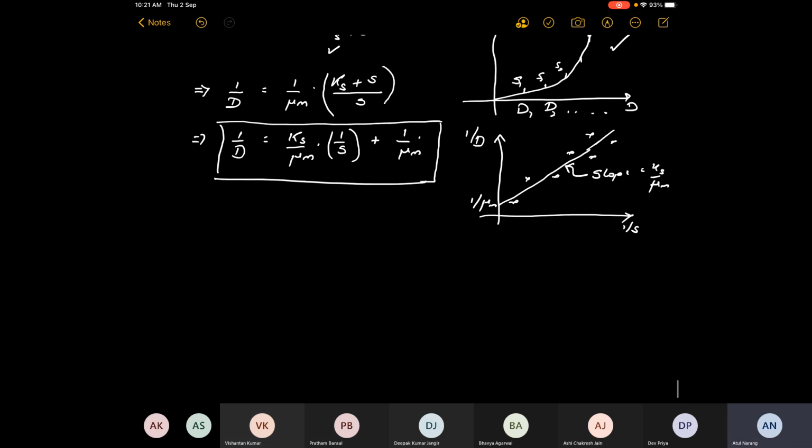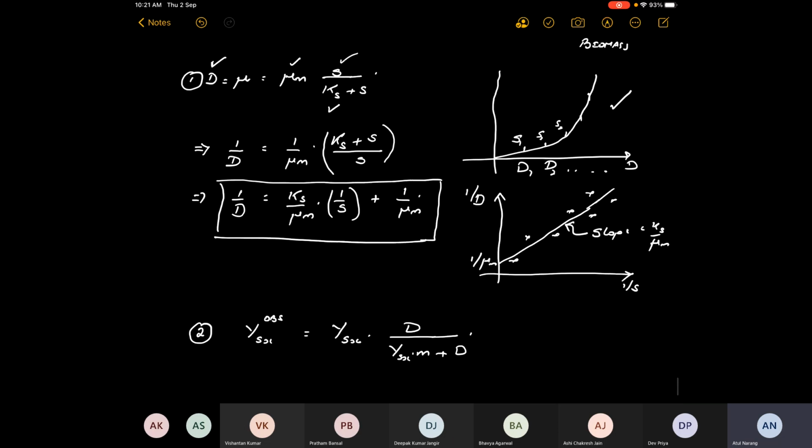Okay, now take a look at the other function here. This is the same principle again. In the second case, I have shown you the relationship Y(SX) observed is equal to the true yield multiplied by D divided by Y(SX) times m plus D. So it's formally the same as the hyperbolic function shown above.